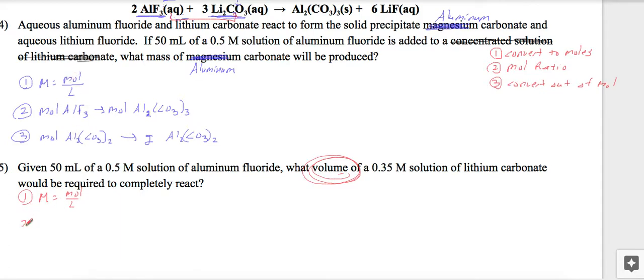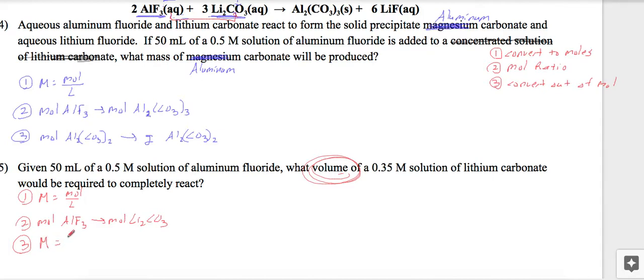Then we go on to the second step, which is our moles of aluminum fluoride to moles of lithium carbonate. Once we have that, we can do another problem for molarity.